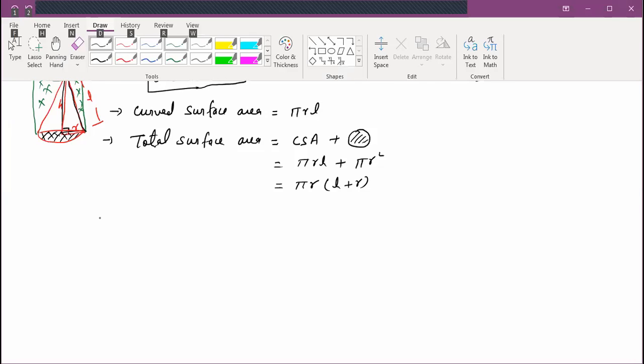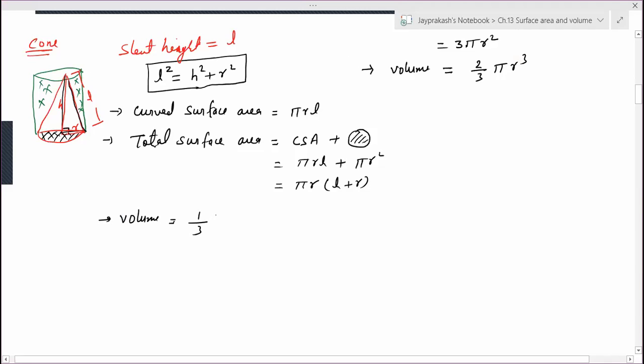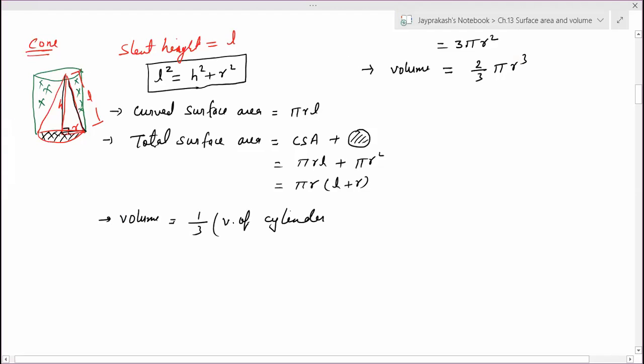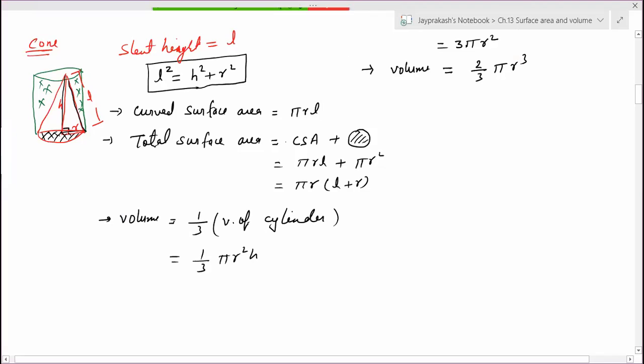So we can write here volume will be 1/3, because in the cone we are using the third portion of the cylinder. So 1/3 volume of the cylinder. So that is 1/3 pi r square h.